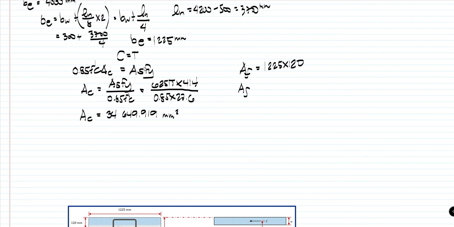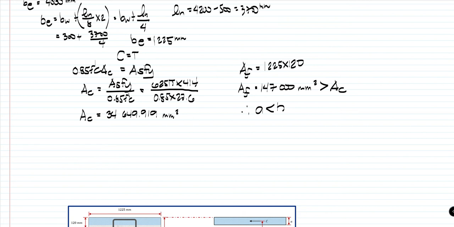So the area of the flange will just be equivalent to 147,000 mm squared. And this is far greater than sa nakuha nating A sub C. Therefore, our depth of compression block A will be lesser than the thickness of the slab or the height of our flange.